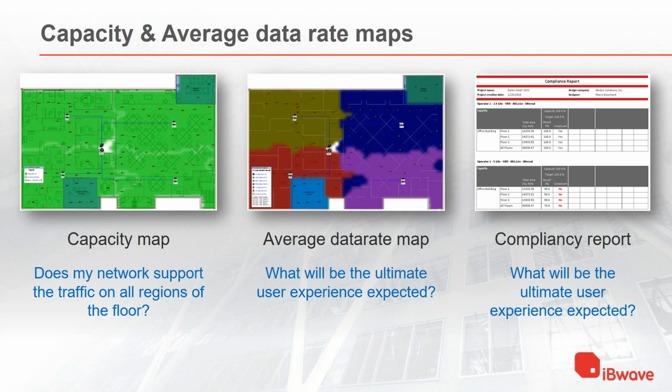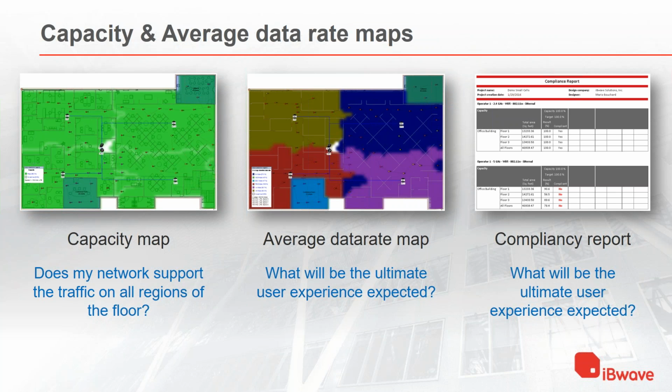And then lastly, we have added capacity as part of the compliance report. This report is very useful when it's time to review a design and make sure that it complies with all your requirements of coverage, throughput, SINR, and so on. For each one, you can define your target requirements.